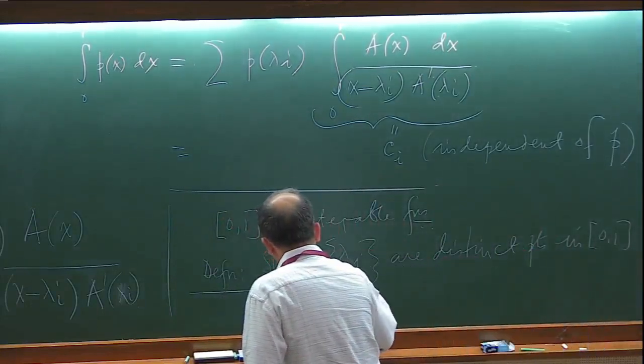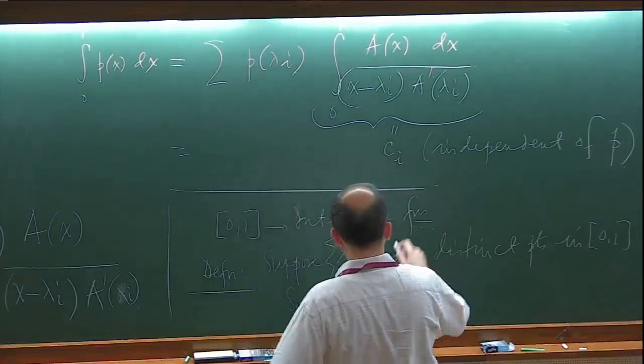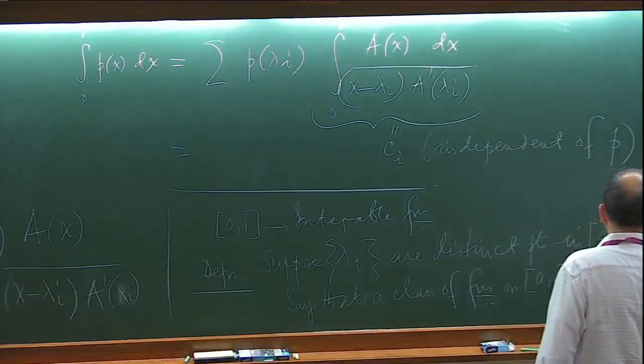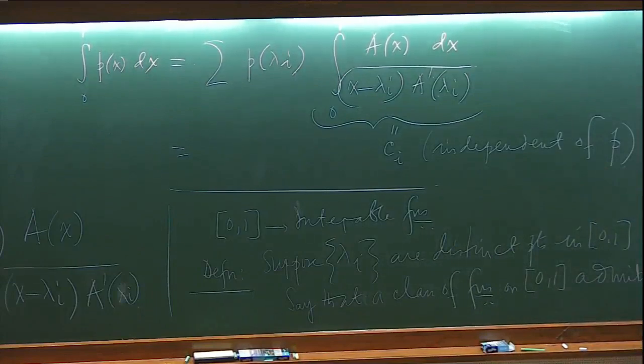We will say that a class of functions on 0, 1 admits a simple quadrature if the integral of f from 0 to 1 is the sum of Cj f of lambda j, j from 0 to infinity, where the Cj's are uniform in the sense that they don't depend on the function f, and f belongs to the given class of functions. I'm throwing in this infinite sum here.